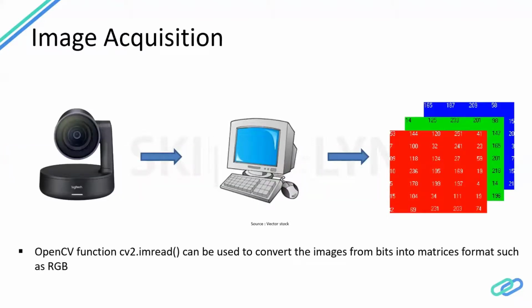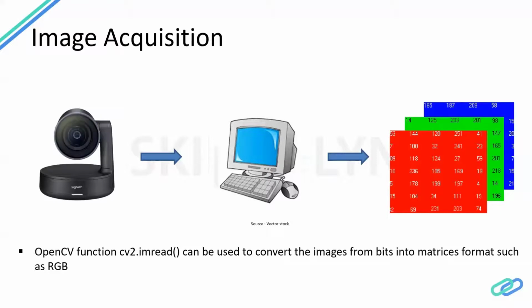Image acquisition is the process of acquiring an image from a camera to a computer and then the computer reading it. As you see in this picture, the computer reads out this matrix representation of RGB, where red, green, and blue are read as three different two-dimensional matrices, and they appear as numbers, and the numbers are in turn translated into a visible format which you see on the screen.